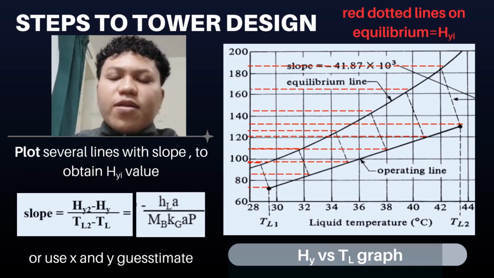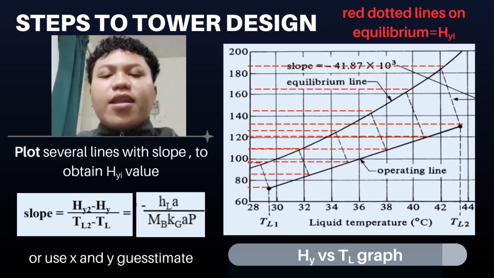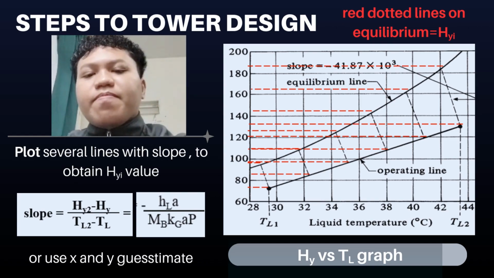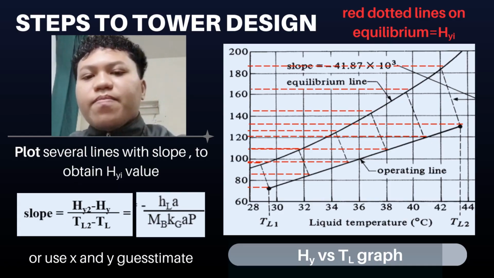To obtain the interface enthalpy values, we need to use the slope value to plot a line or several lines that connect the operating line and equilibrium line. Another more common method is to use the XY guesstimate.